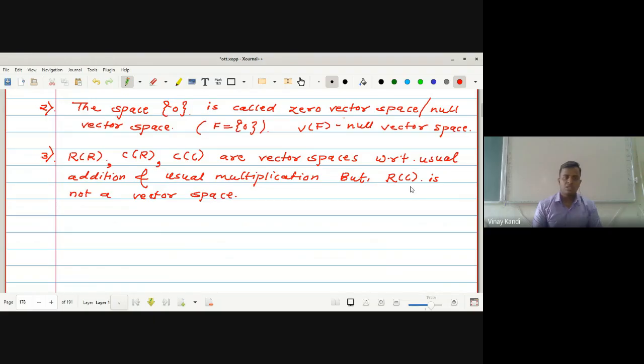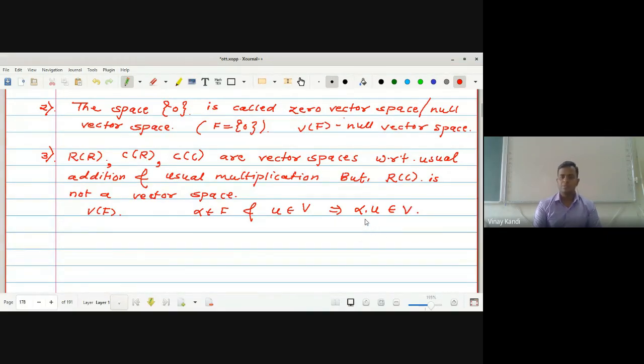We have one condition: V over F is a vector space if alpha belongs to F and small u belongs to capital V, this implies alpha into u belongs to capital V. This is the scalar multiplication law.